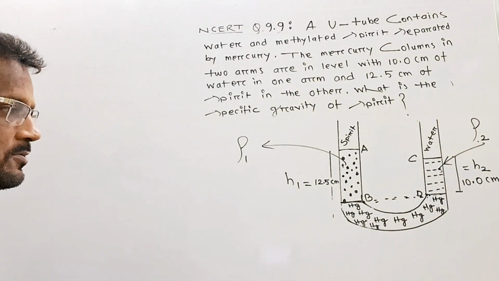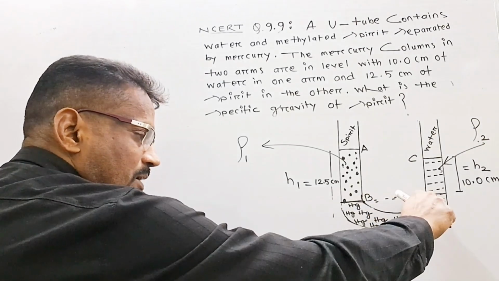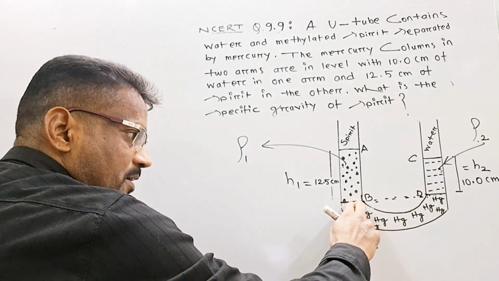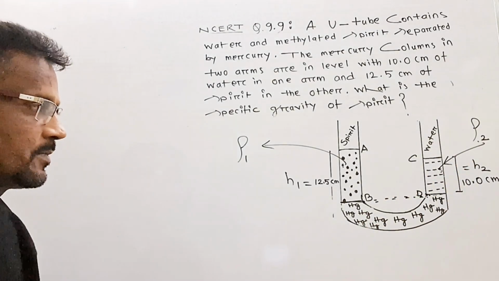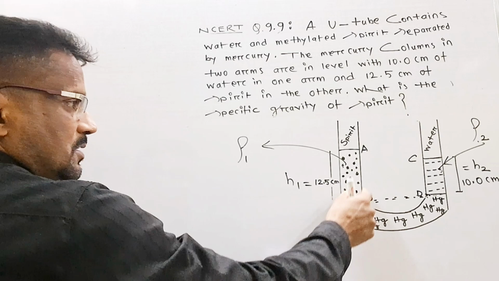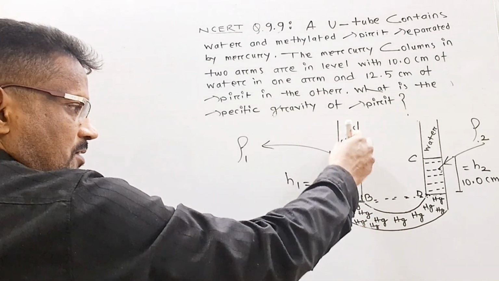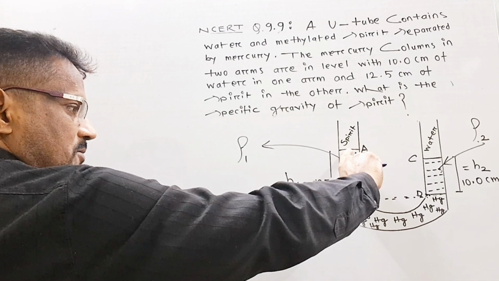Now as you know, B and D are at the same level, therefore the pressure at B and the pressure at D will be the same. As the U-tube is open, the pressure at B will be the atmospheric pressure P0 plus the gauge pressure due to this spirit.